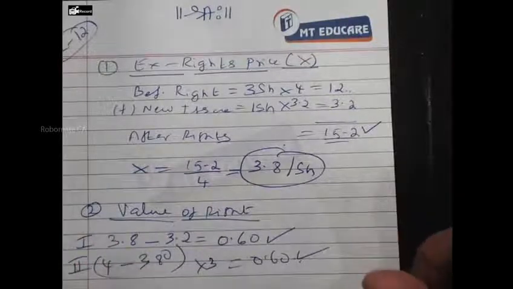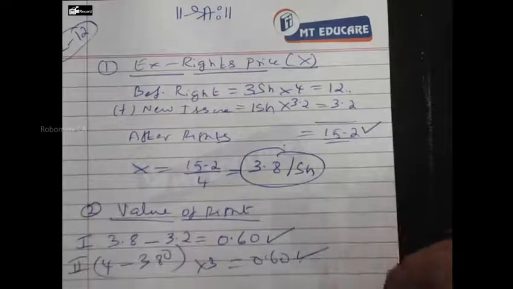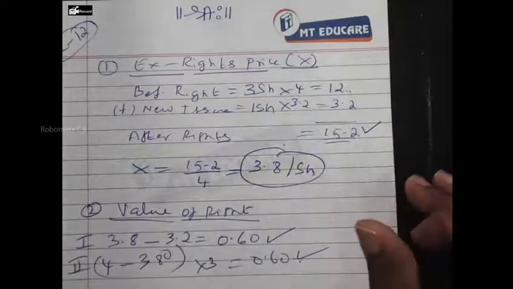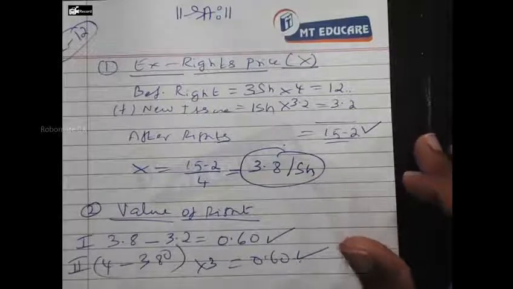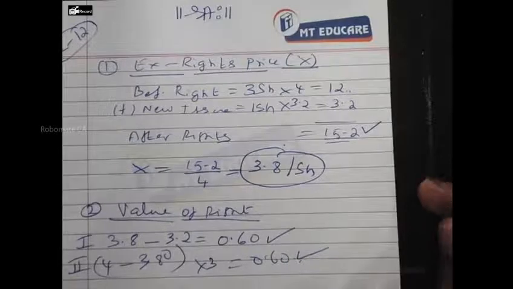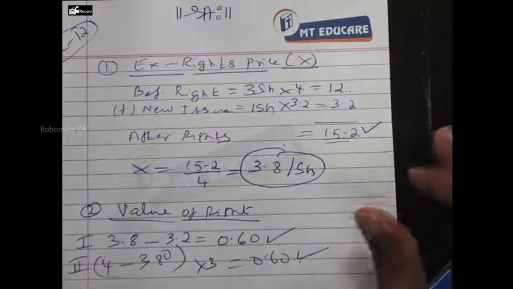This wealth is now being shared by how many shares? 4. This wealth is now being shared by 4 shares.